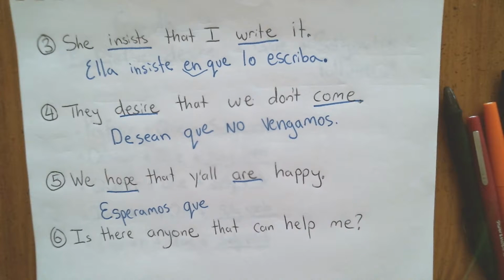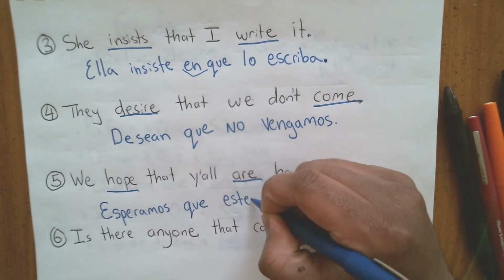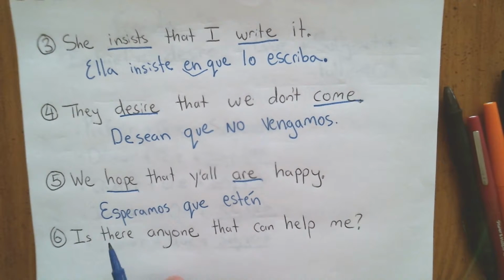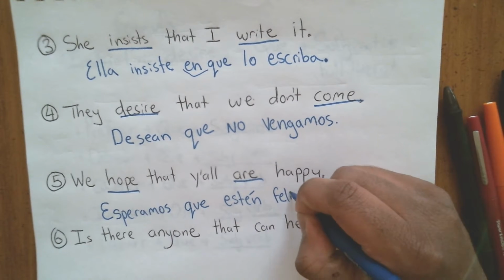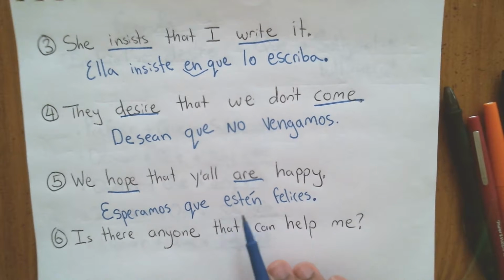And so it would just be esperamos que ustedes estén. This is the subjunctive form of estar. Esperamos que ustedes estén felices. Okay? Felices is plural for feliz, and it means happy. We hope that y'all are happy.